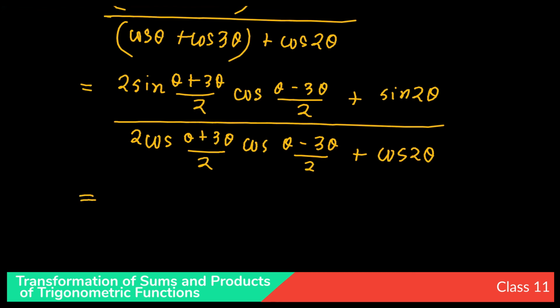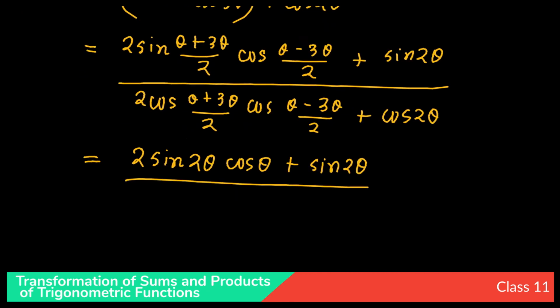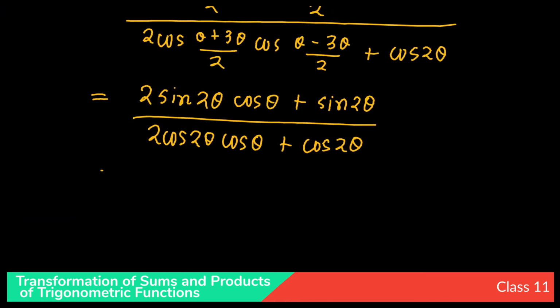So we can write here as 2 sine 2 theta cos theta plus sine 2 theta by 2 cos 2 theta cos theta plus cos 2 theta. Now from the numerator we can take sine 2 theta common.